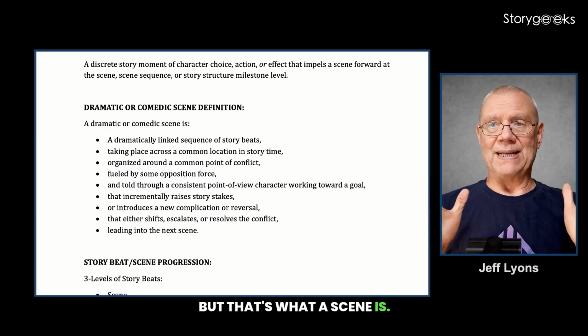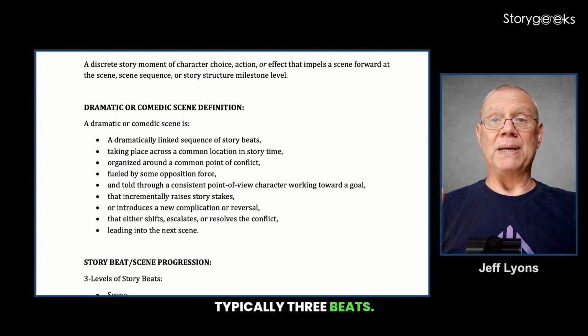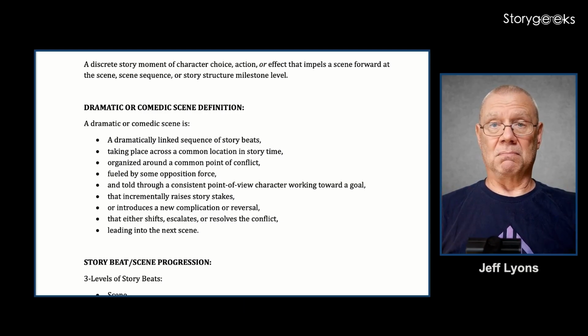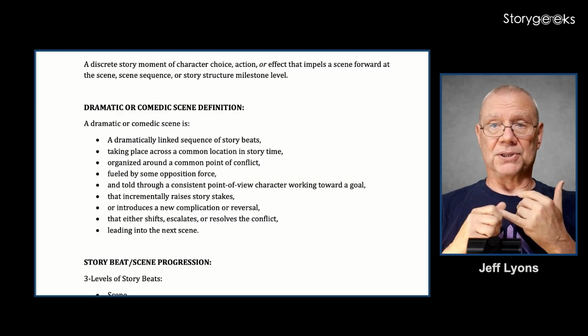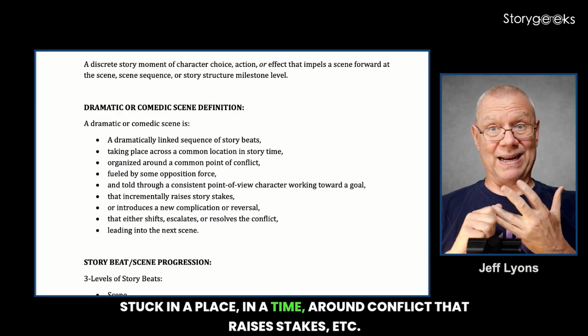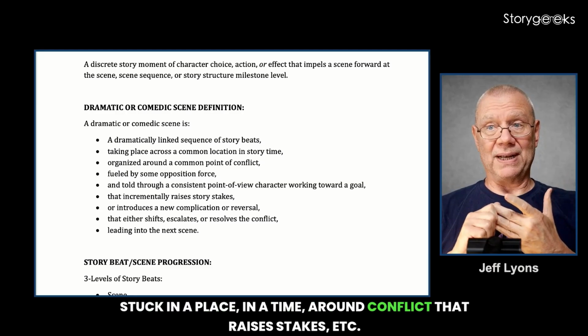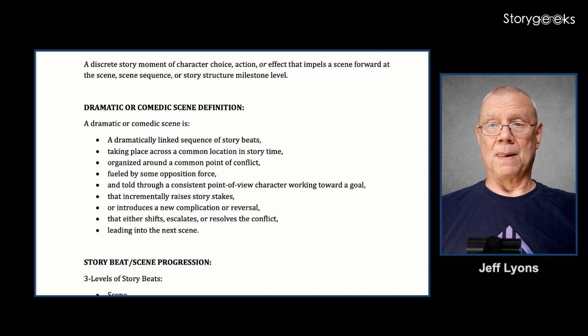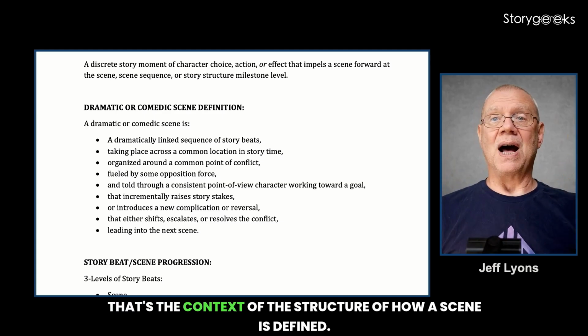But that's what a scene is. Typically 3 beats linked together, could be 2, stuck in a place, in a time, around conflict that raises stakes, etc., etc. That's the context of the structure of how a scene is defined.